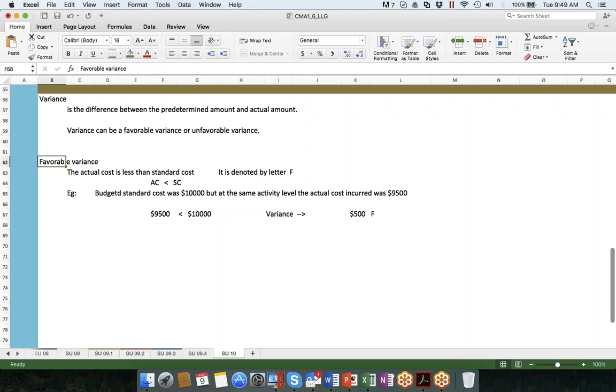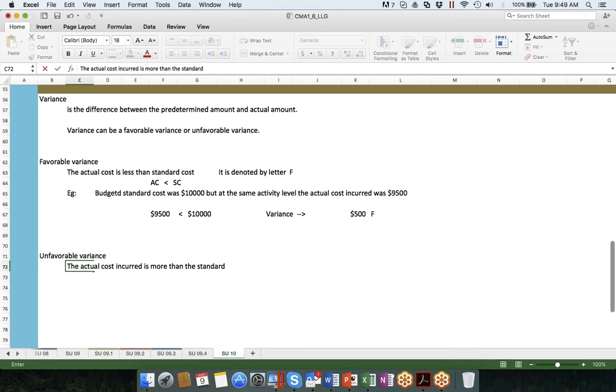If it is the other way, it will be an unfavorable variance. The actual cost incurred is more than the standard cost set. So here the actual cost is greater than the standard cost.